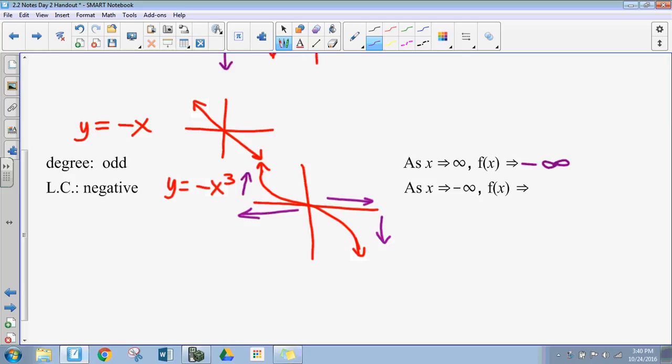Well, they are going to positive infinity. So with odd functions, your end behavior is always going to be going in opposite directions, either up and to the right and down to the left, or up and to the left and down and to the right. Okay, so always opposite directions when you have an odd degree.